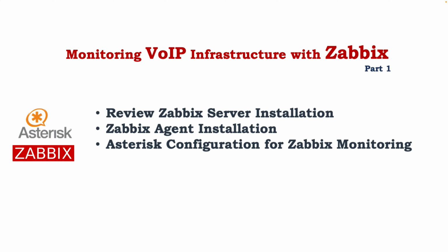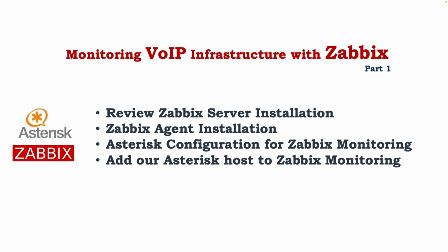So in order to do that, and in order to let Zabbix monitor my Asterisk server, I need to configure my Asterisk, add an AMI or Asterisk Manager Interface user, enable its embedded HTTP server, and then set the firewall, etc. So in this step, we will cover fully how we can configure our Asterisk system.